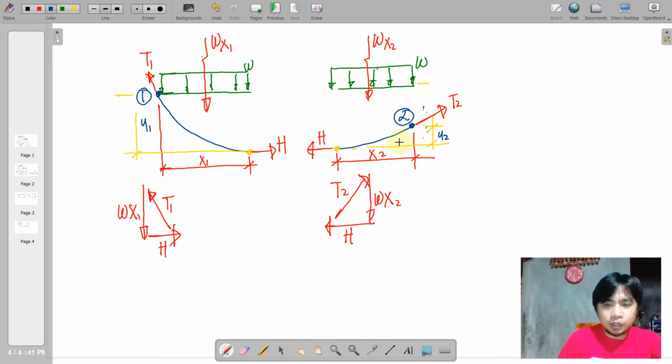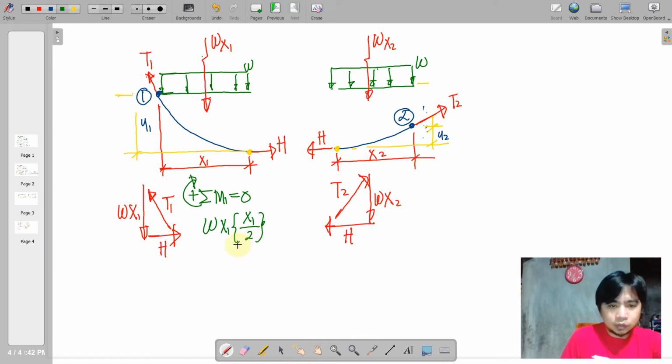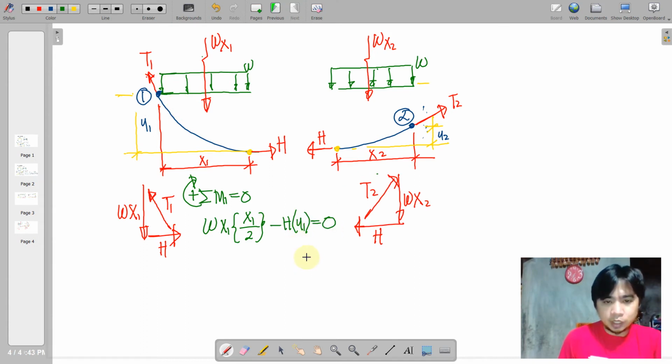So we'll just employ equilibrium equations. Basically, number 1, we will have a summation of moments equation, taking moments at point 1. We have Wx1 times its moment arm x1 over 2. That is a clockwise rotation, less H times y1, and that would equate to 0.